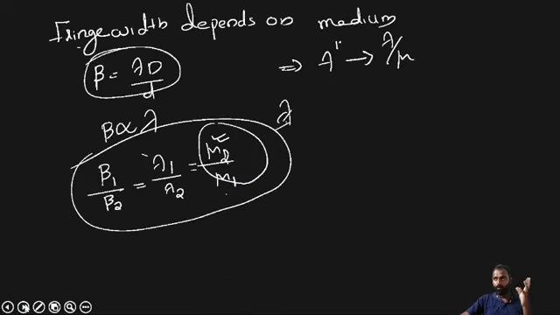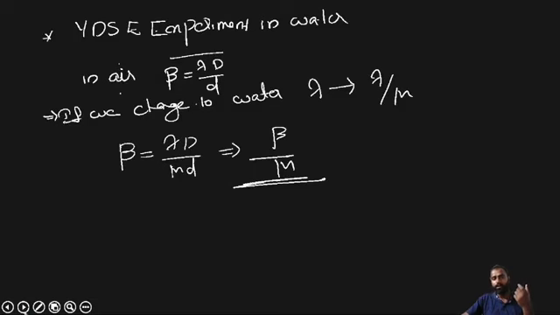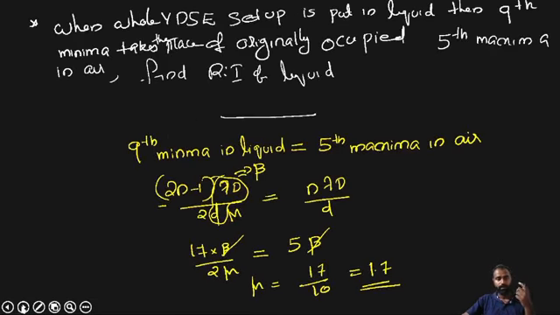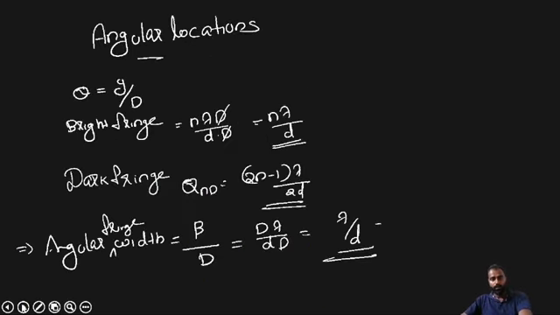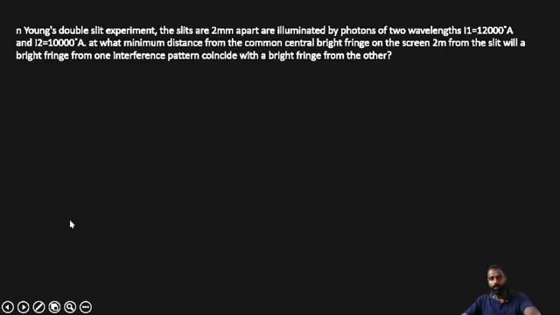Then we moved on to the dependence of beta on different media, that is basically on the refractive index mu. Then we saw a problem. Then we moved on to angular locations and angular fringe width of the YDSE experiment. So the first part is over here. We will do a problem from this.